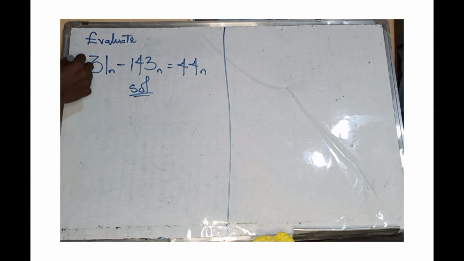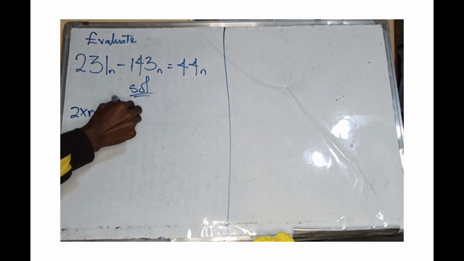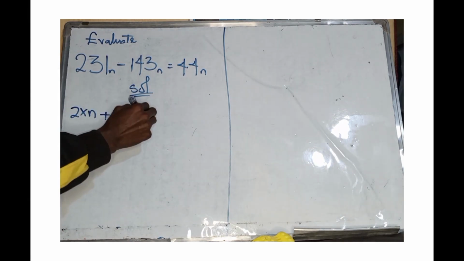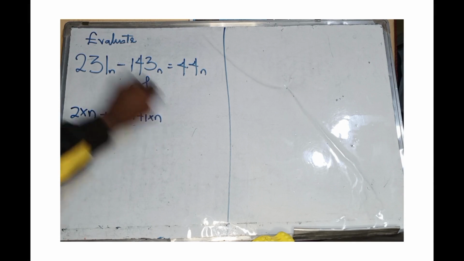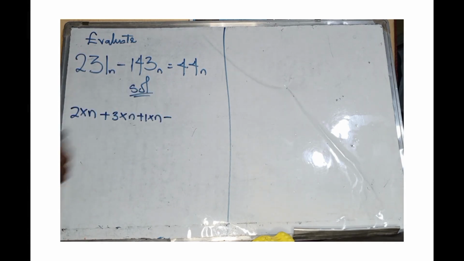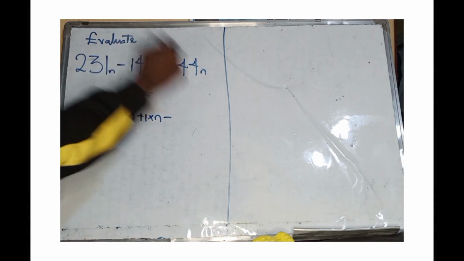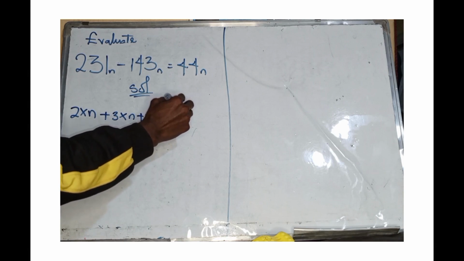So here we go. This is 231. So this becomes 2 times the base, which is n, plus this becomes 3 times the base, which is n, plus this becomes 1 times the base, which is n, minus. Okay, now I would prefer to put this one in brackets.